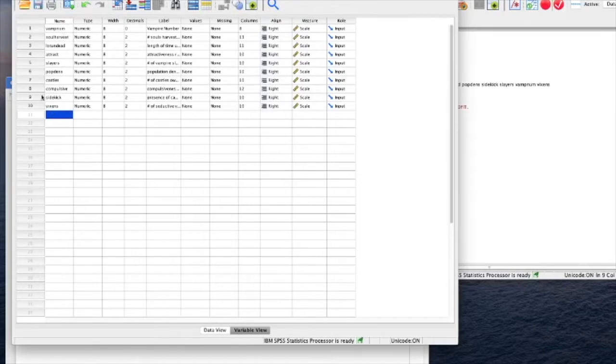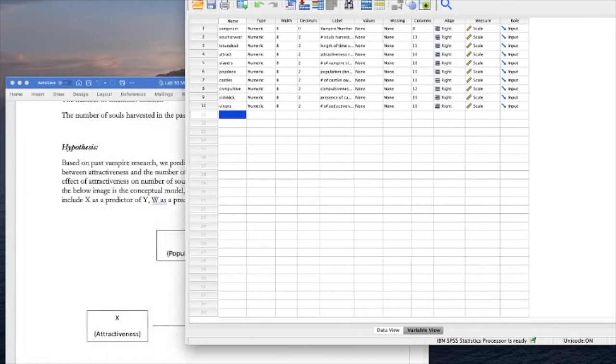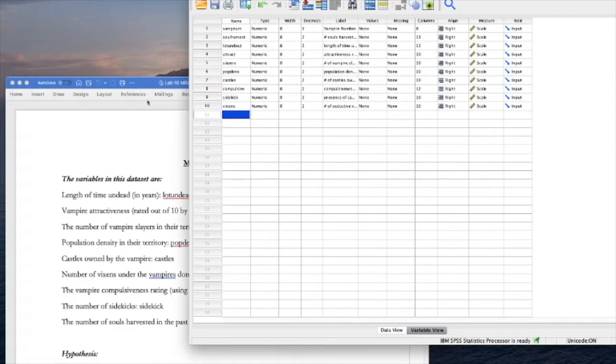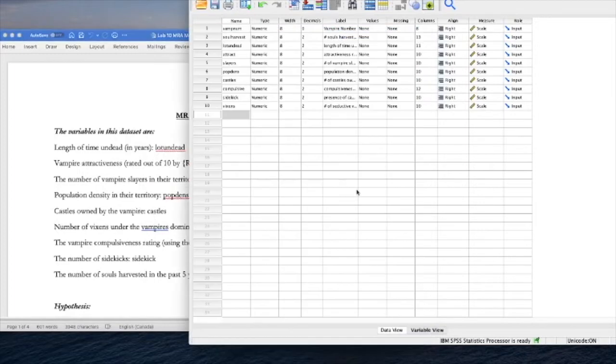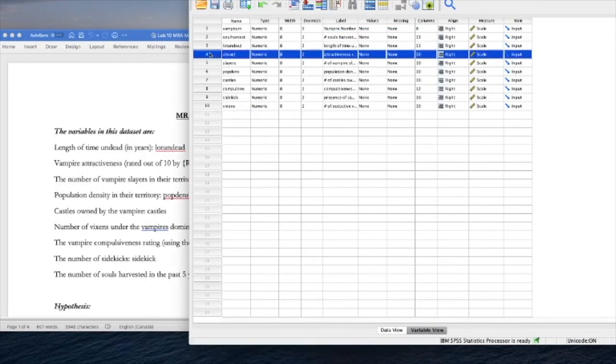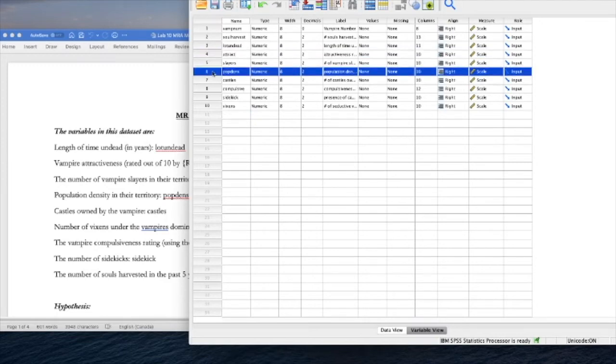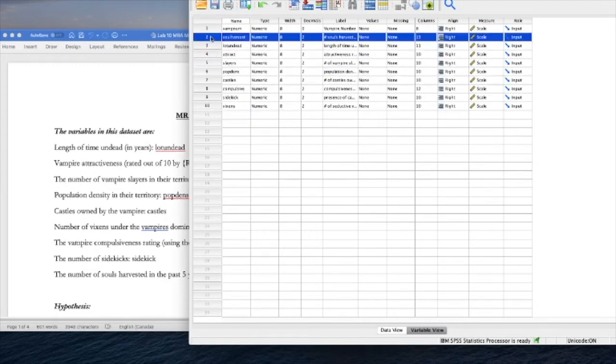We have these 10 variables, which are described here. And essentially, we are just looking at attractiveness, population density, and souls harvested. Those are the three variables we want to look at today.